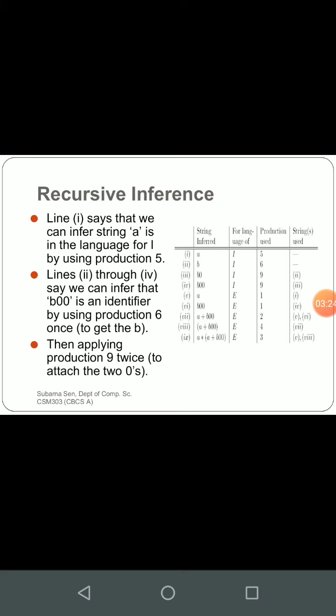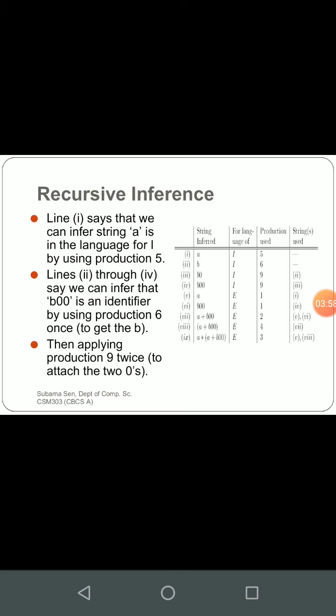Then b0 is formed again from I using production rule 9, and the string used is from line 2, which is already generated, that is b. Now if we use rule number 9, from I we can move to I0. Then if we use rule 6 to replace the I with b, ultimately b0 can be formed. So these are the ways of recursive inference.